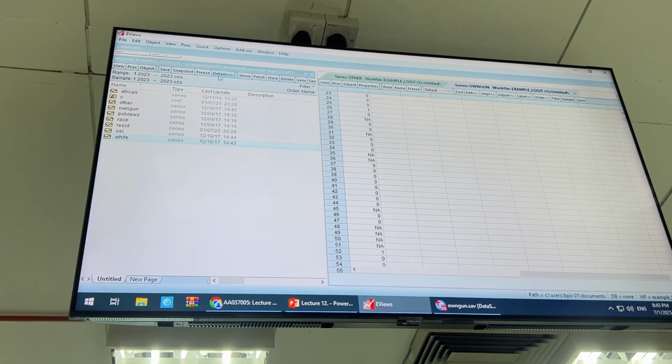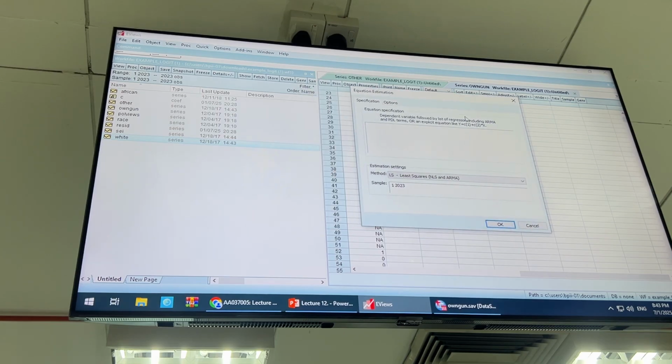You can just go to Quick, Estimate Equation again. So we have, just now, the dependent variable on gun, and then C, we have pole views, and then we have African, others, and then we have SEI.